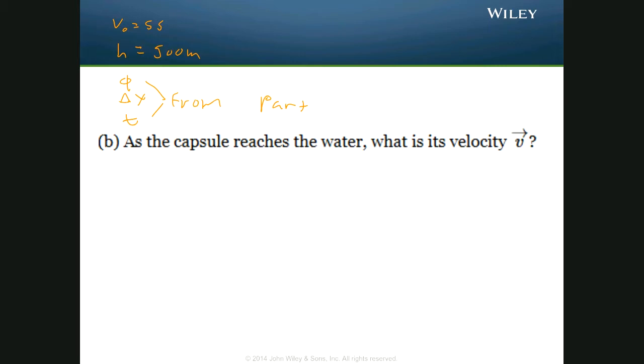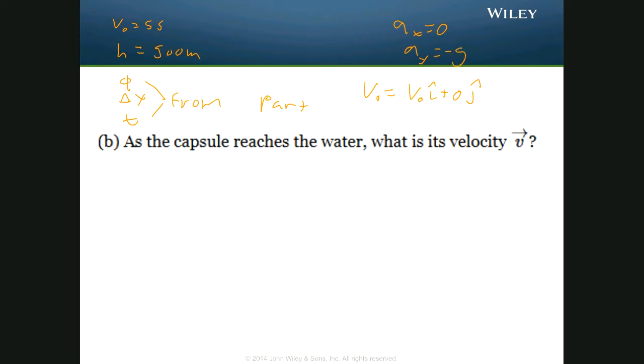So when we look at this, we know that V naught equals v naught i plus 0j. And of course, we know ax equals 0. We know ay equals minus g.